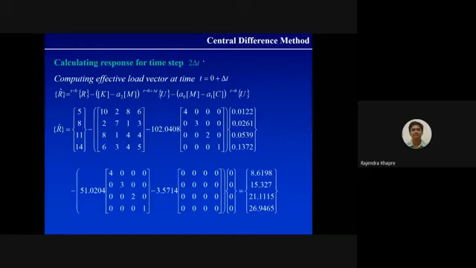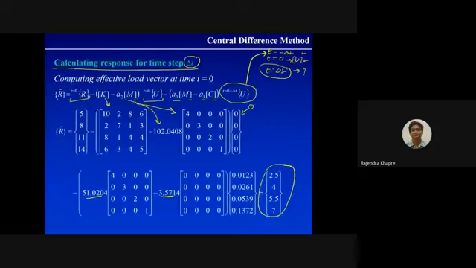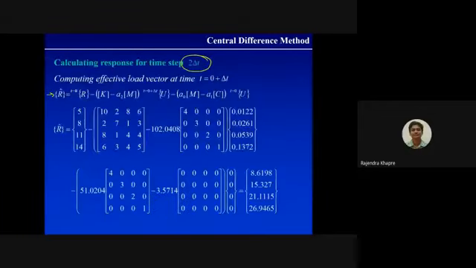In the next step, we are going for 2 delta t. If you refer to the expression, the effective load vector for the earlier one, here it was written as t is equal to 0. Here also t will be 0, because the r value is not changing at all, it is kept constant.